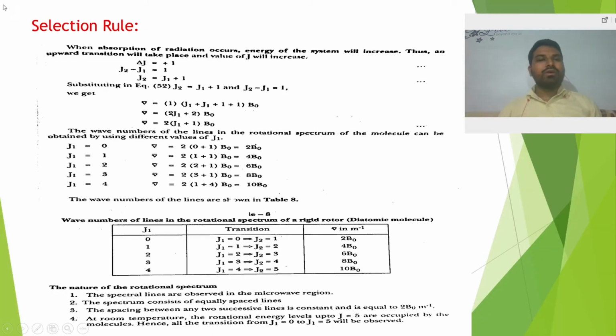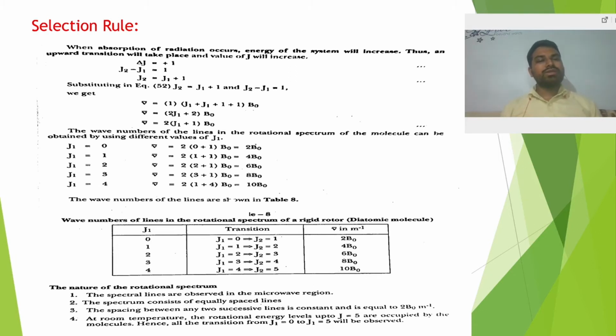Now when absorption of radiation occurs, the energy of the system will increase. Thus an upward transition will take place and the value of J will increase. Hence delta J will be plus 1, J2 minus J1 will be 1, and J2 will be J1 plus 1.